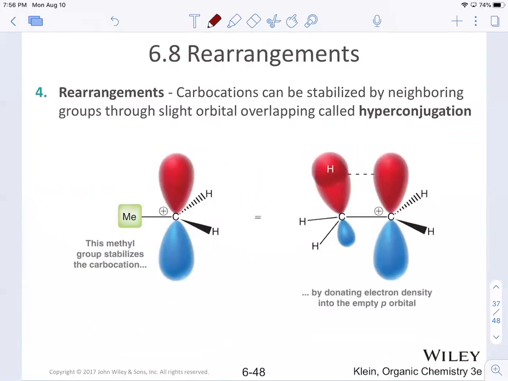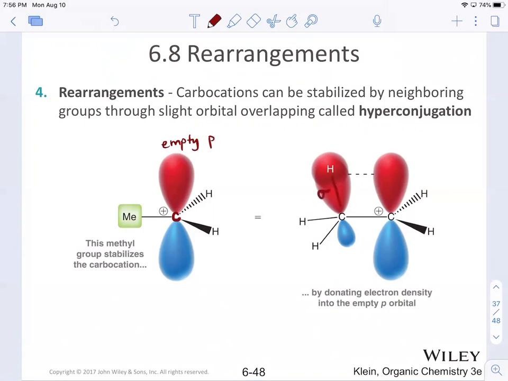Rearrangements. Carbocations can be stabilized by neighboring groups. The orbital overlap that's happening here with a carbocation is called hyperconjugation, very similar to our staggered formation, why staggered was more stable than eclipsed. So looking at this methyl group, when you have a carbocation, it's an empty p orbital, and it actually can be stabilized by a sigma bond right here.